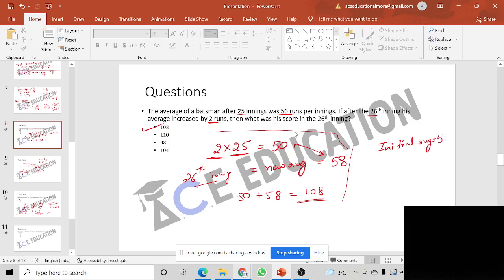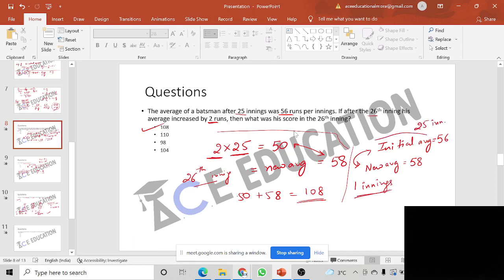initial average was 56, correct? The new average becomes 58, and this change is because of only one innings or one match, right? The initial average was because of 25 innings.